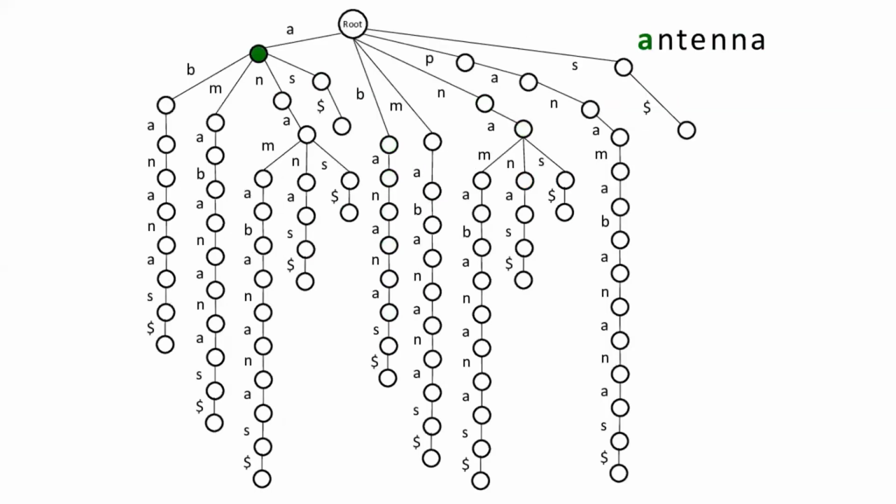So far, what we have done is discover whether or not the pattern is present, but we haven't really talked about where it is located. To find out where it is located, what we can do is when we add each suffix to this tree, we can mark the position in the genome that gives rise to the suffix.